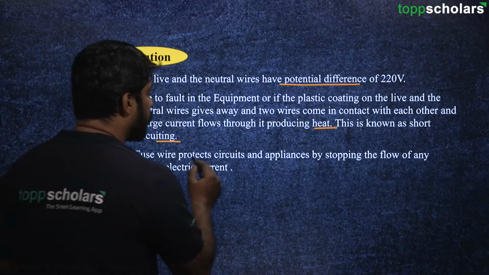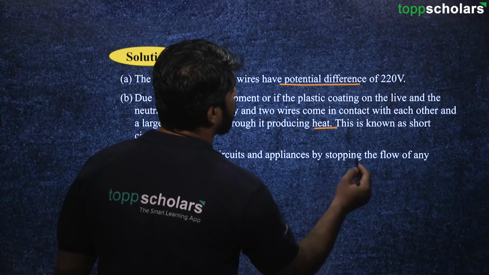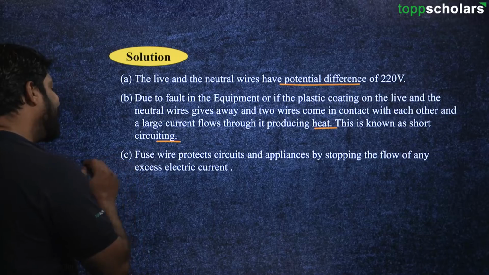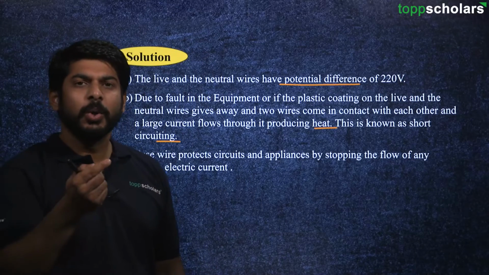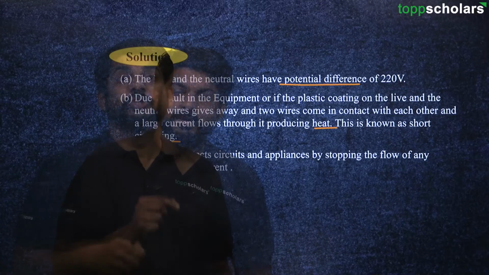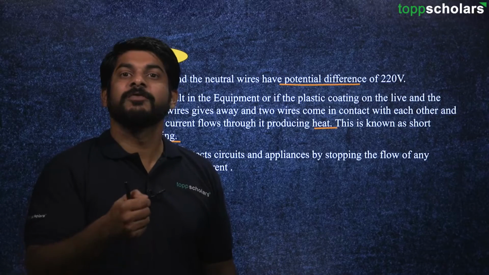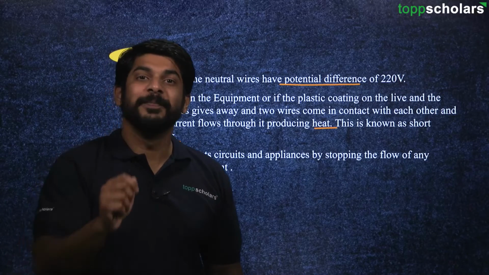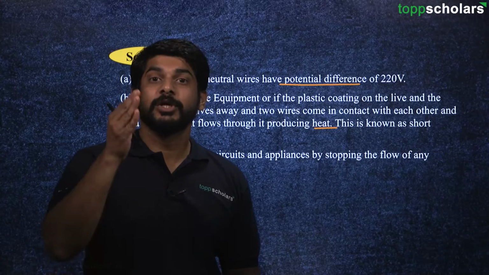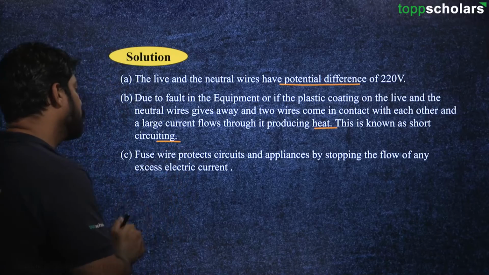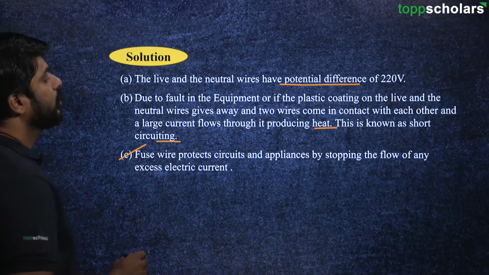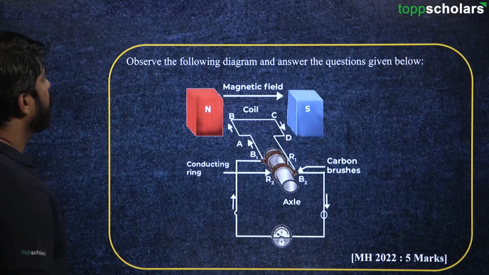A fuse wire protects circuits and appliances by stopping the flow of any excess electric current, because fuse wires are generally very thin. So if a large current flows, then it melts down, that means stopping the flow of current. So that is the use of this fuse wire. Moving on to the next question.